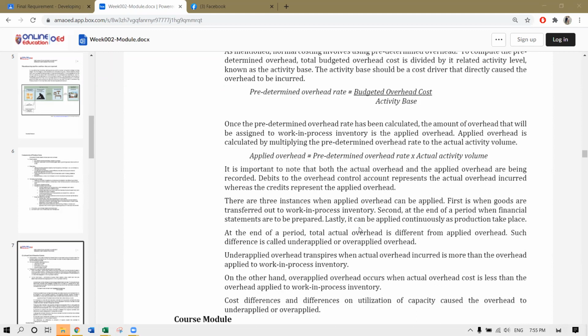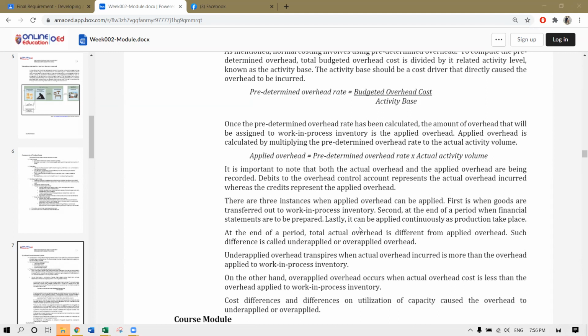Such difference is called under-applied or over-applied. Amo na ito anak na mention kanina. So under-applied ito pag an actual overhead is more than the overhead applied. Syempre, nag-record kita applied overhead, pero ang kamatuoran talaga mas dako, syempre, it is an under-application.